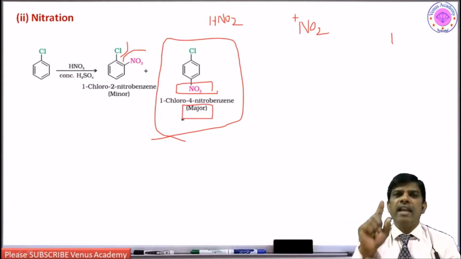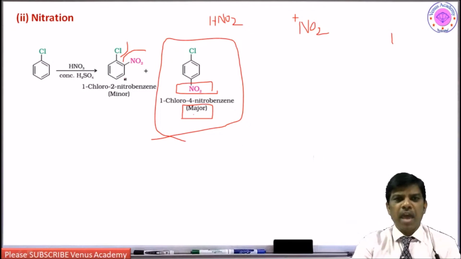Yes, students, and here I want to ask a question. Suppose I want to make para-nitrochlorobenzene, it was asked in 2020 NEET. If I want to make para-nitrochlorobenzene from benzene, what is the route you propose?